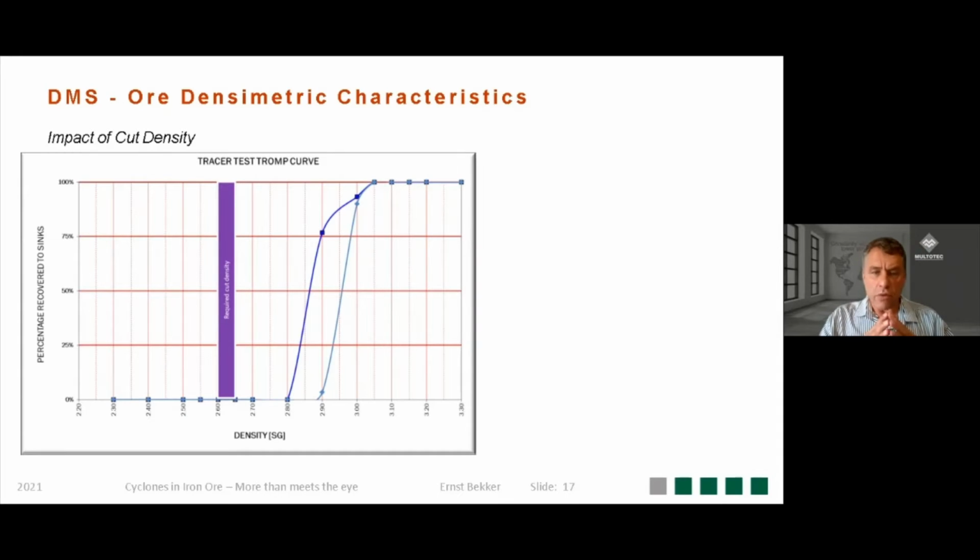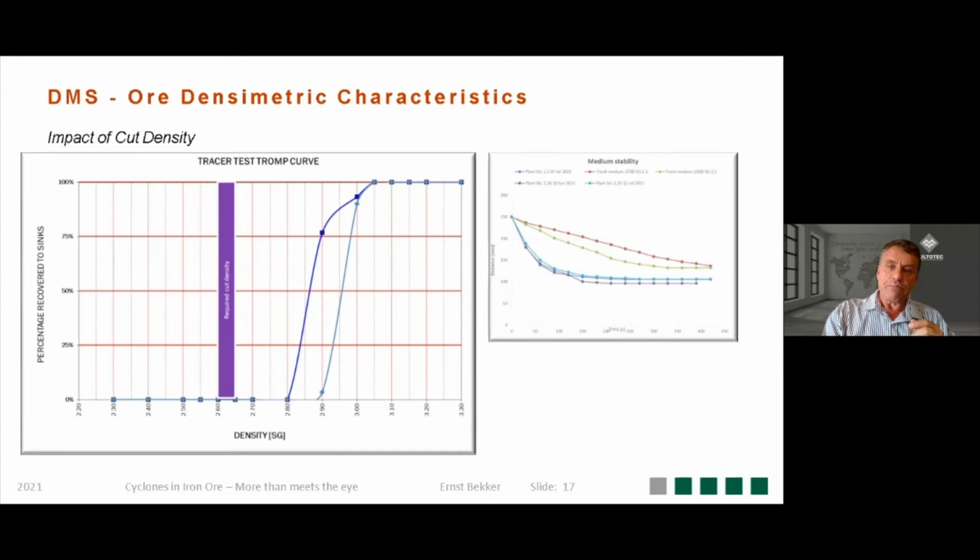So here's an example of a different plant. The shaded area is where the SCADA set point is, and the two other lines are where the tracer tests indicated the cut densities were. The problem here, and the client did a thorough investigation, is the media characteristics.